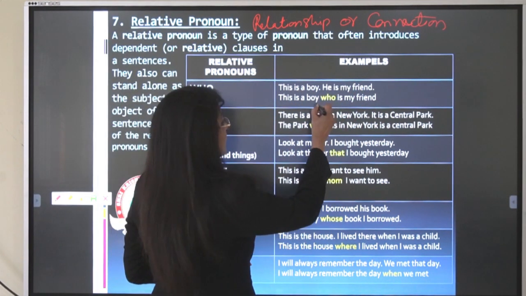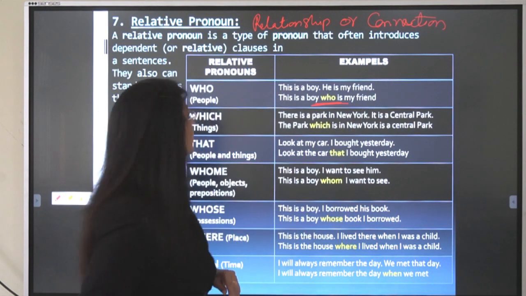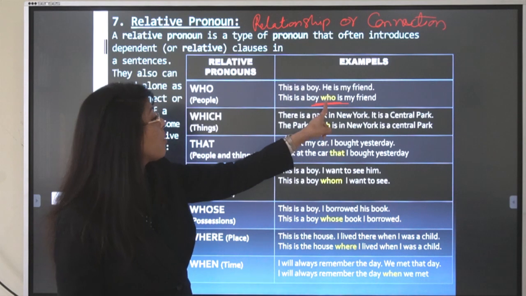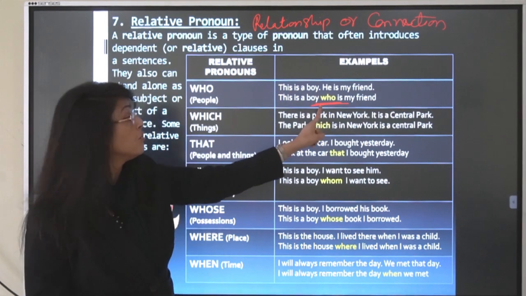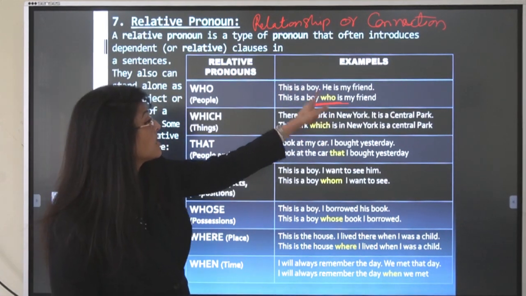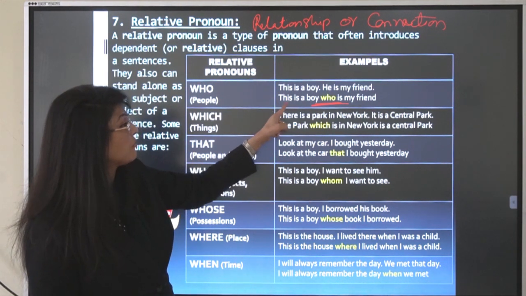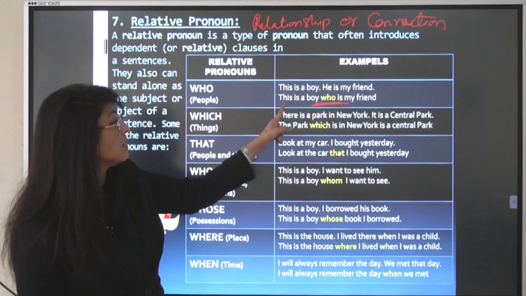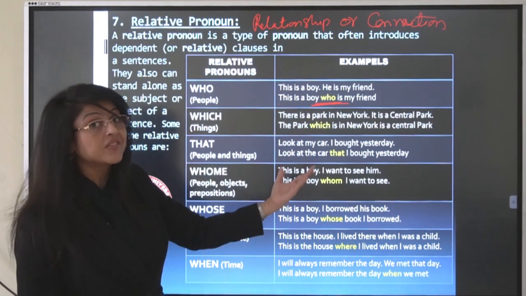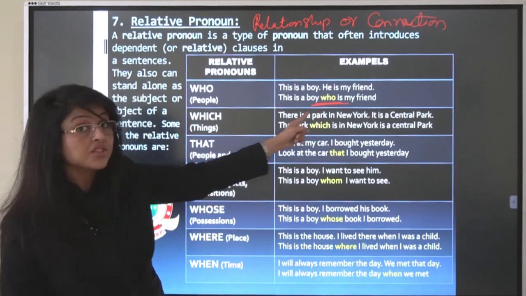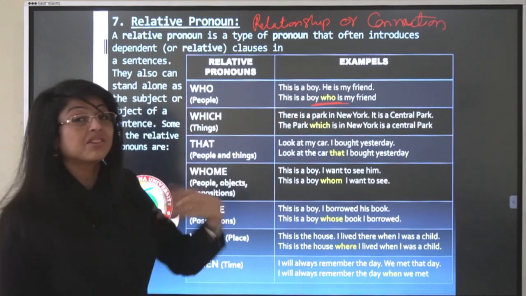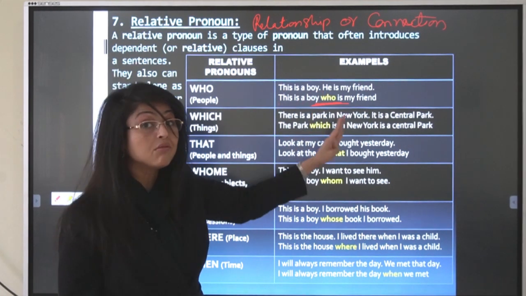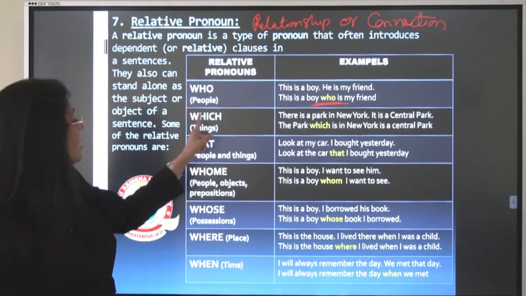Now it is acting as a conjunction, and hence it is showing the relationship, and hence it is called the relative pronoun. If you bring this who in front of this, it will become an interrogative sentence, but here it is acting as a conjunction. So this is showing the relationship of two clauses, of two people, of two nouns or two pronouns, okay?